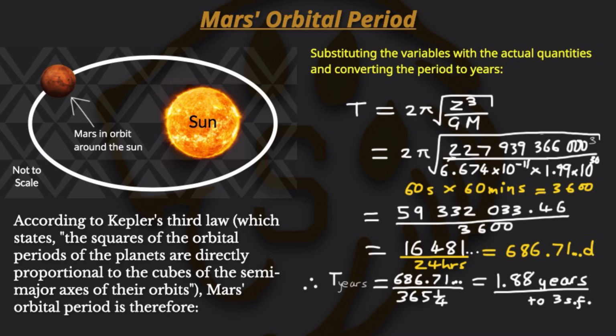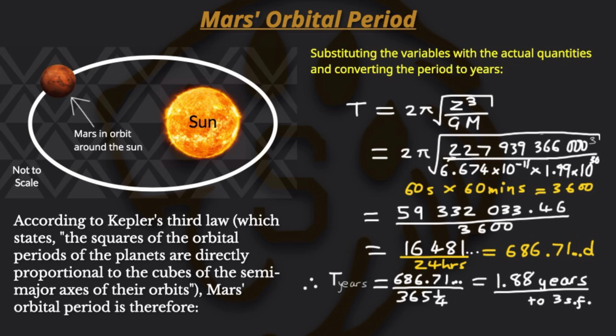So when we go step by step with the conversions, we would divide those seconds by 60 seconds and then by 60 minutes. But a shortcut is to multiply the 60 seconds by 60 minutes, because we want the number of seconds in an hour. So it's 60 times 60, which is 3,600 seconds.